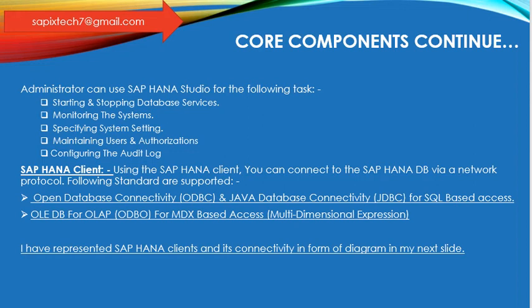This is not the only way. There are multiple ways. So we will discuss what clients can access HANA DB, and what kind of network protocols they use for accessing HANA DB.